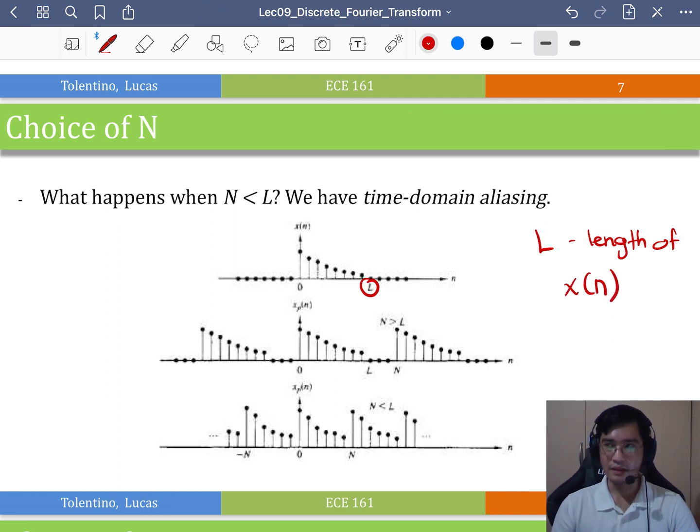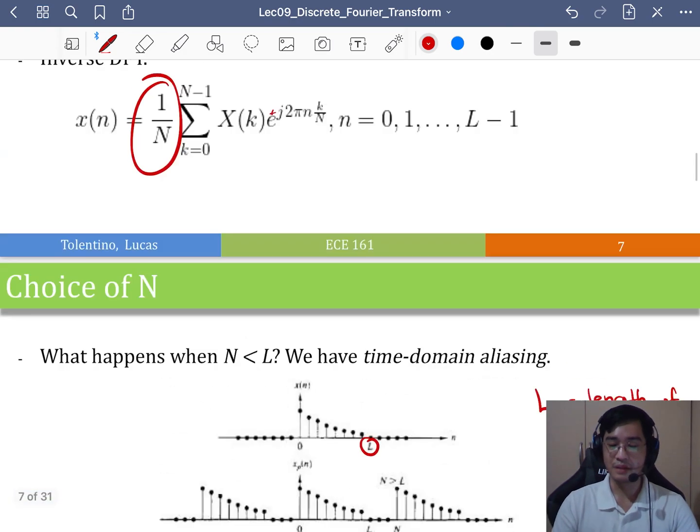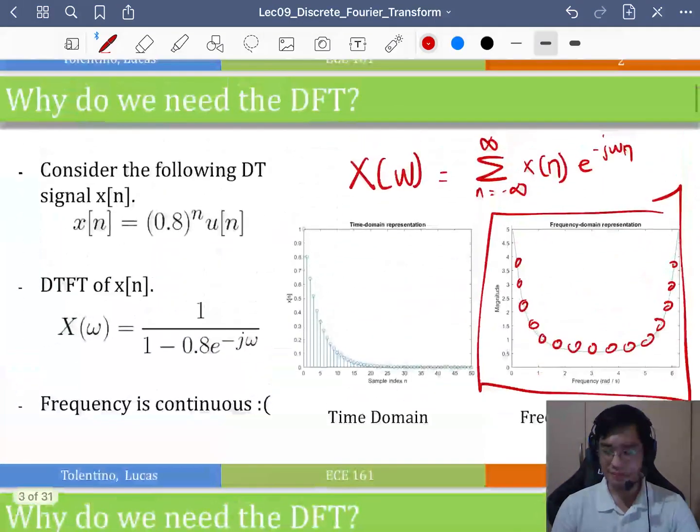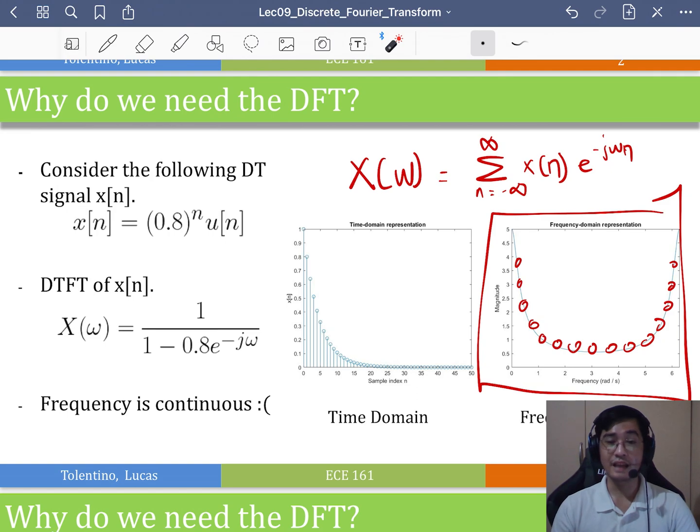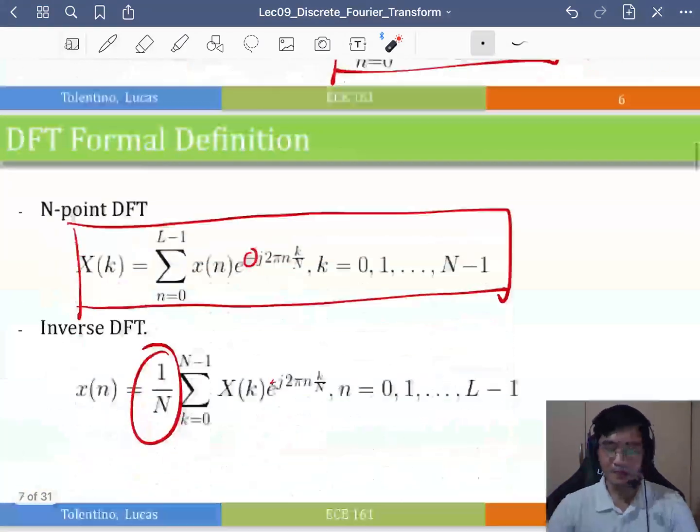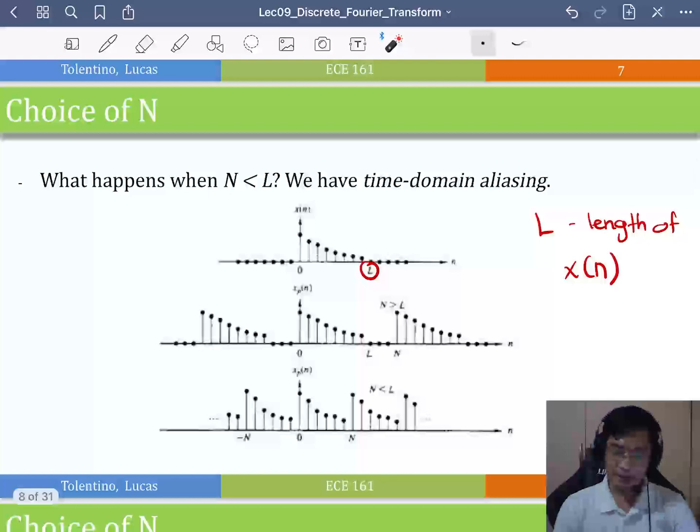If we have a certain time domain signal with length L, and we represent it in the frequency domain by the DTFT, then since we have a continuous spectrum, how many points should we take from the DTFT representation so we do not lose any time domain information? So consider this one, 0 to L.